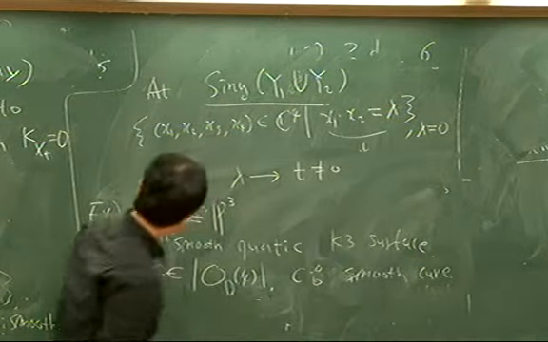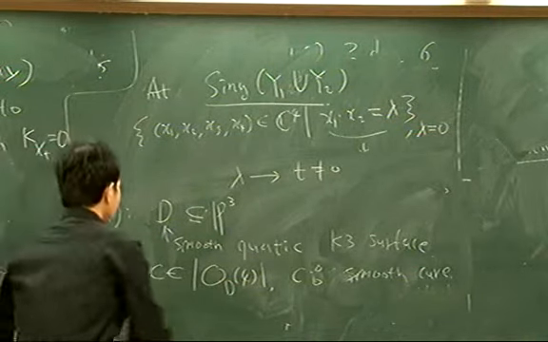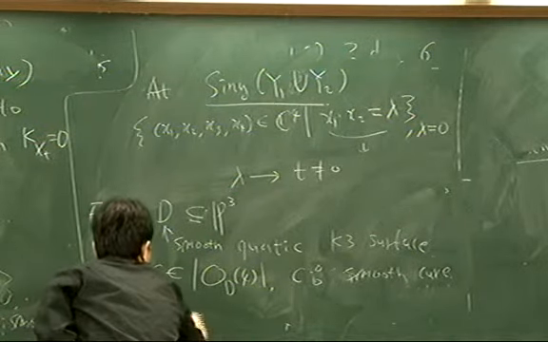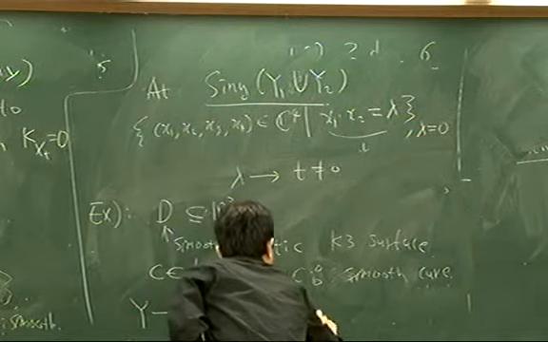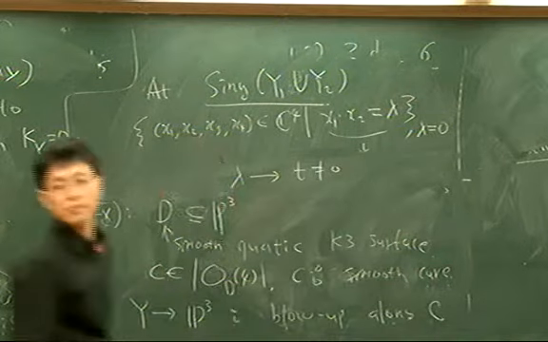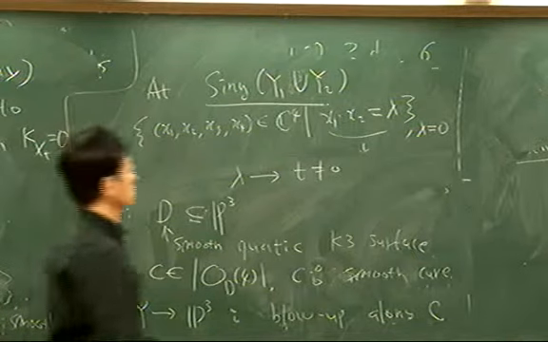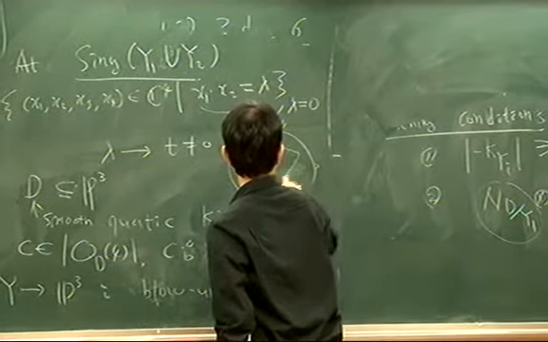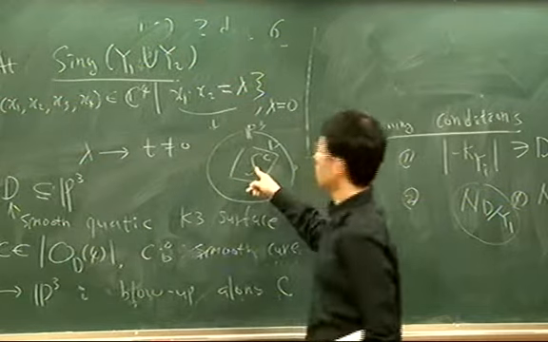So on the K3 surface, you can choose this smooth curve and then blow up. Let Y be the blow up of P3 along C. Here is P3, and this is D, and there is some surface here C, the curve, and then you blow up.